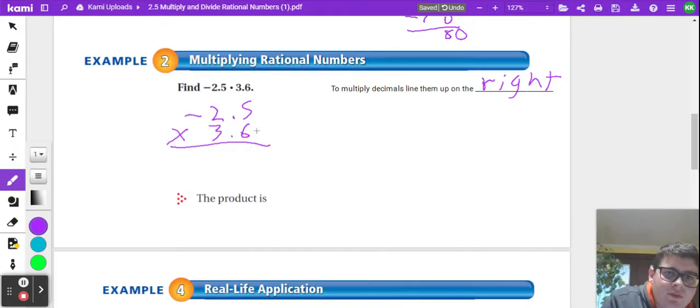So what we're going to do with this one is start with 0.6. We're going to do 0.6 times 2.5.